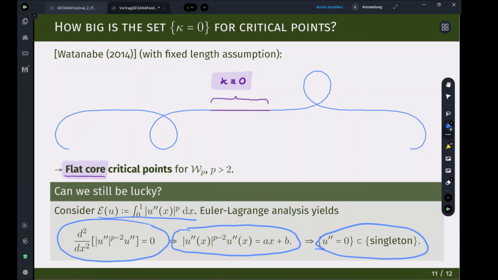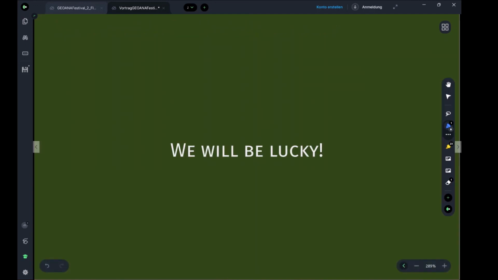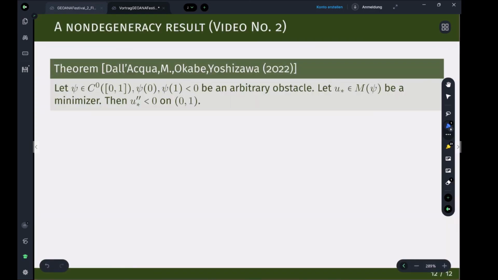So maybe it is possible, if the energy is maybe a little more like this, to exclude those type 3 critical points, and then it's possible to repeat the analysis of Tatsuya Miura. And spoiler alert, we will be lucky and we can show that for minimizers no type 3 critical points can take part in the minimization.